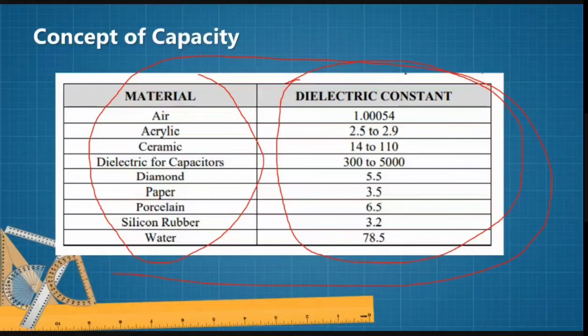The dielectric constant of a material depends on the temperature and operating frequency. The thermal agitation of the dielectric molecules due to an increase in temperature will affect the alignment of their dipoles.